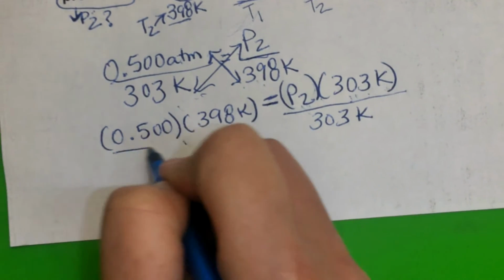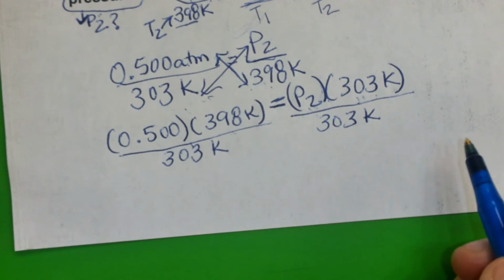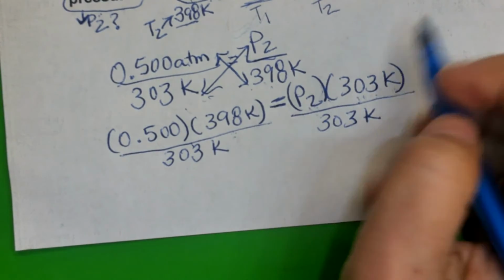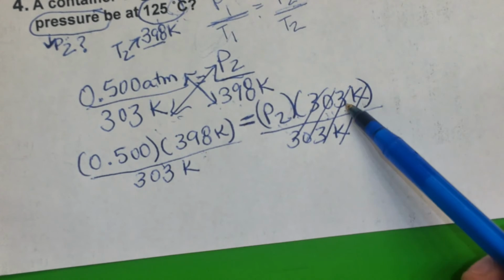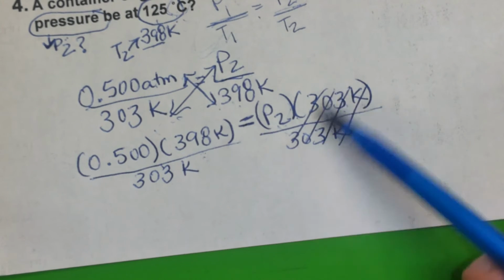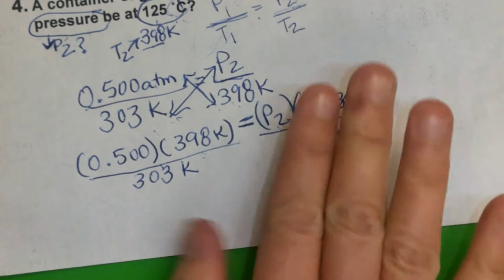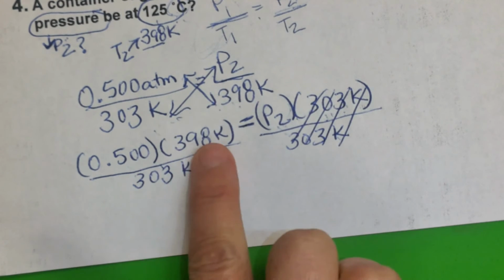Then you do the same thing to the other side of the equal sign. Once you're done, you can cancel 303 Kelvin, because 303 divided by 303 is just 1 anyway.